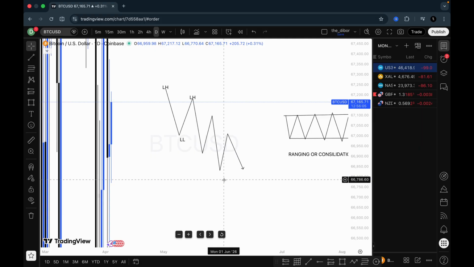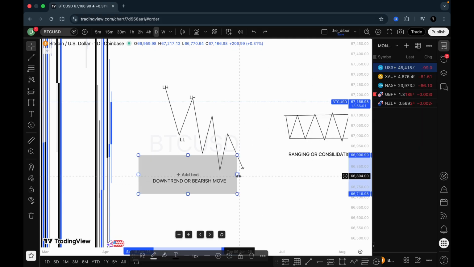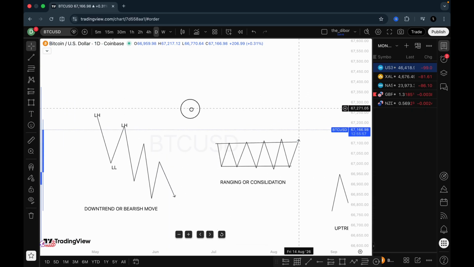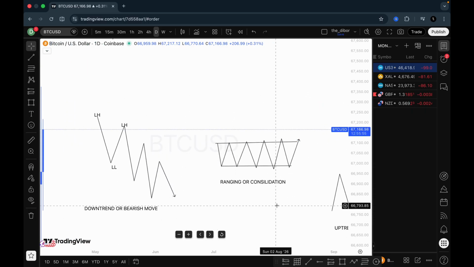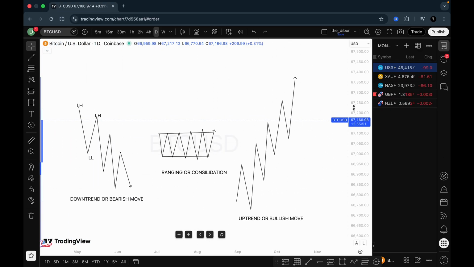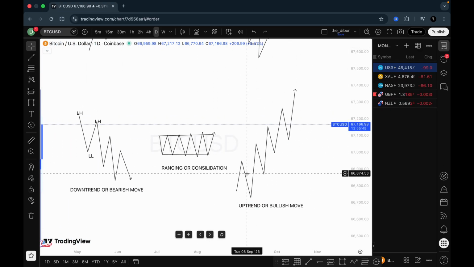Apart from this move, we have other moves too. If there is a downtrend, there should be an uptrend, right? So this is the uptrend. The uptrend basically gives you higher highs and higher lows.